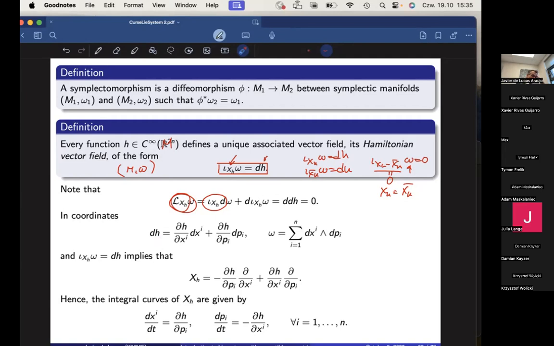So the omega will be like this. Since we have coordinates x_i, p_i, the differential of the function H can be written in this way. So already this should be the sum from 1 to n. Of course, sometimes I wrote the sum, sometimes I didn't. Sorry for that. You can think about Einstein notation.